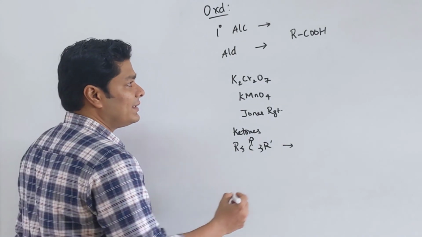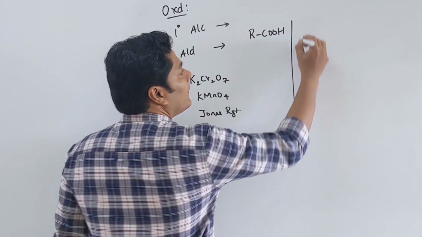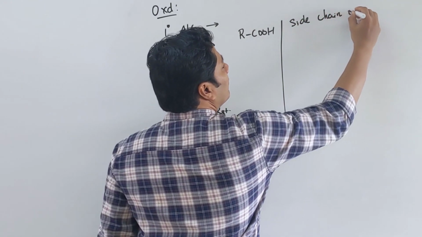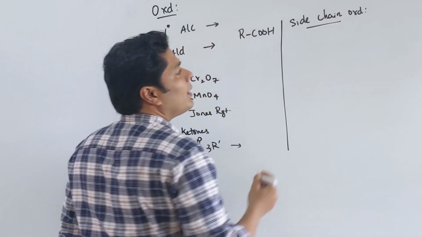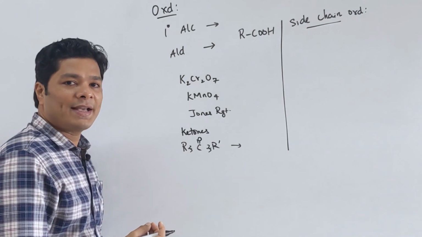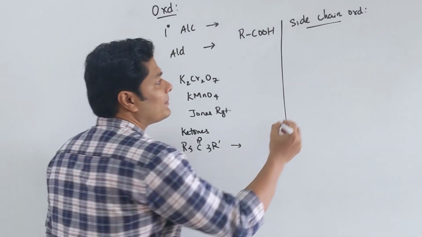Another way of oxidizing is side chain oxidation. This is particular to synthesizing benzoic acid from alkyl benzenes.